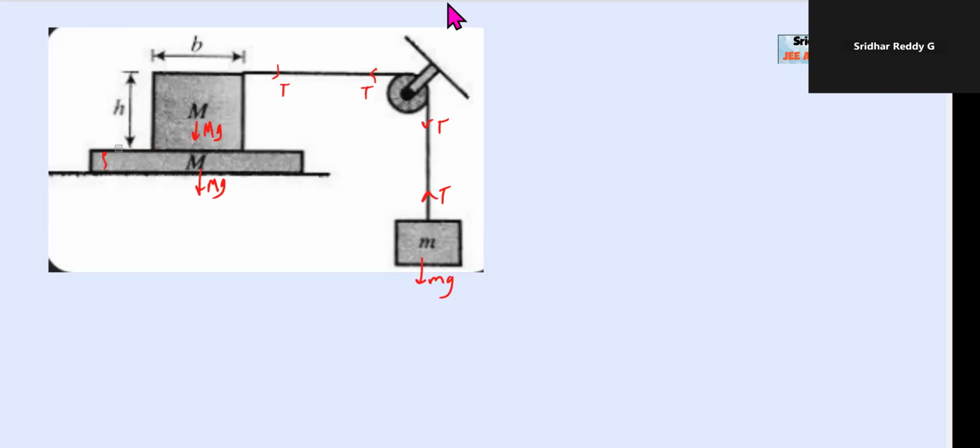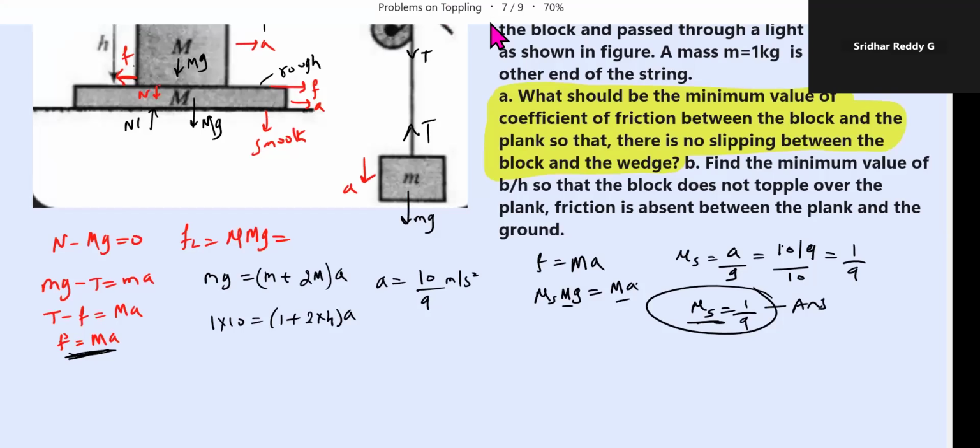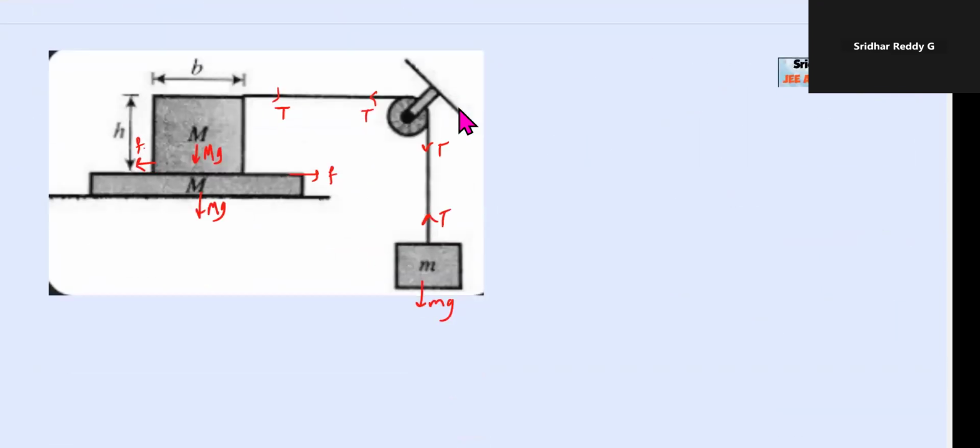The friction on the upper block is in this direction, on the plank in this direction. Then it should not topple. So what is the question? Find the minimum value of b by h so that the block does not topple. b by h.